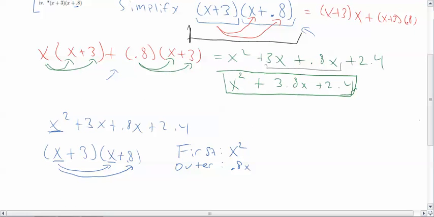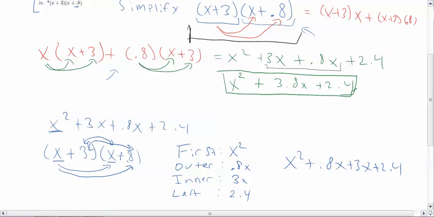Sorry, there's another problem hiding down there. Now if we multiply the inner terms together, we get 3x. And if we multiply the last terms together, we get 3 times 0.8, which is 2.4.